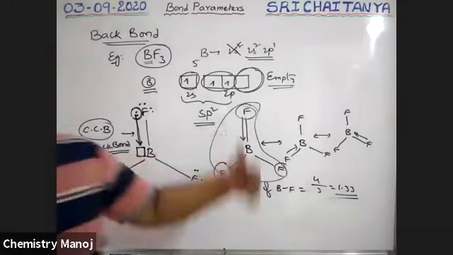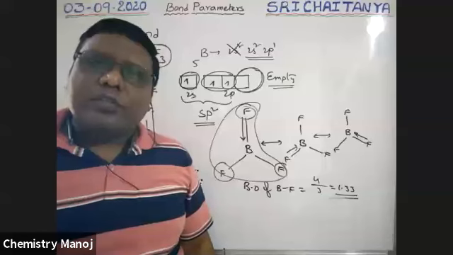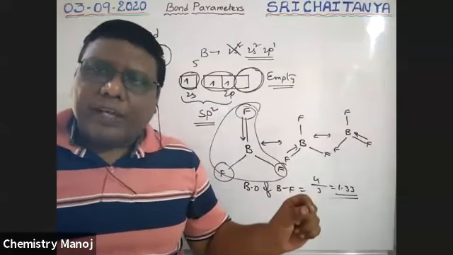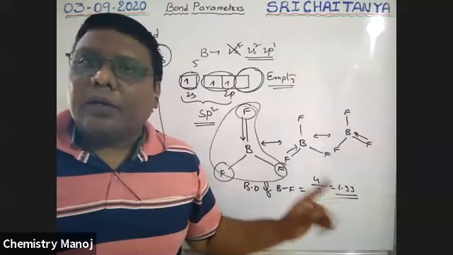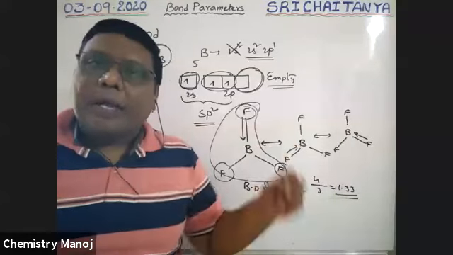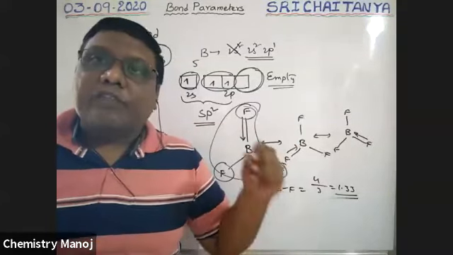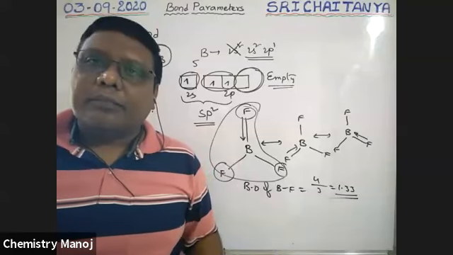So in BF3 the bond order is 1.33, not 1, because of back bonding. That means back bonding influences bond orders.